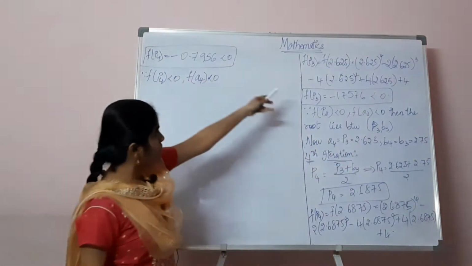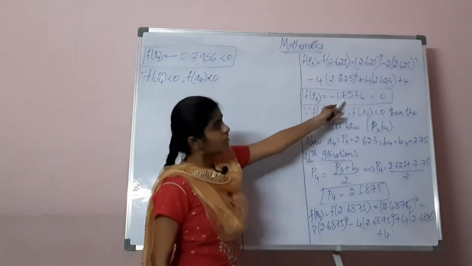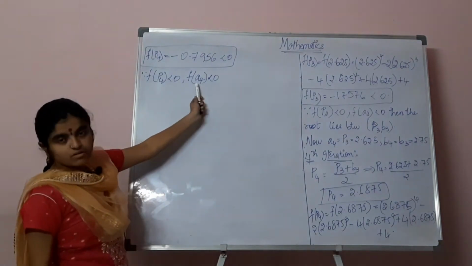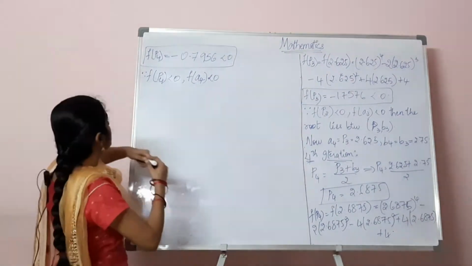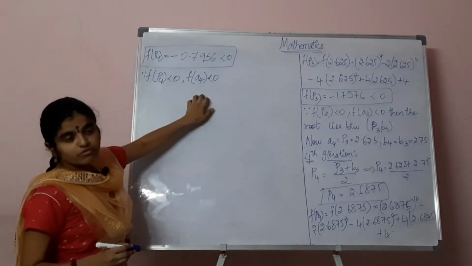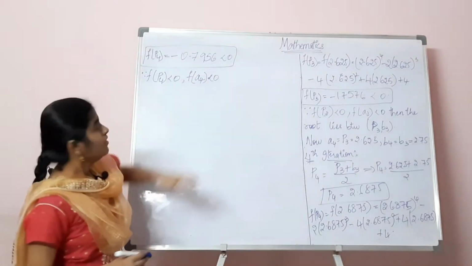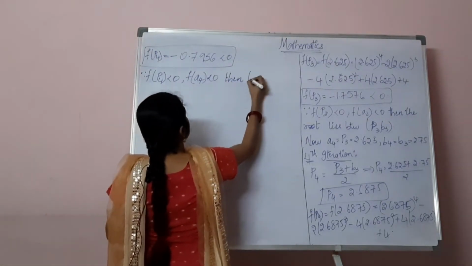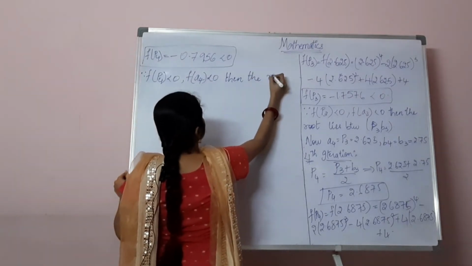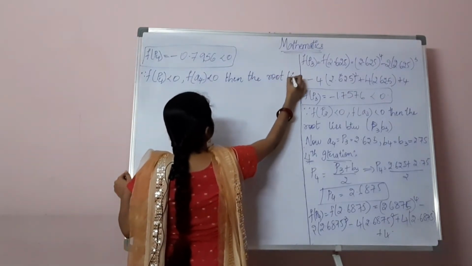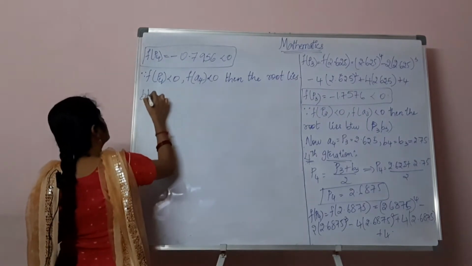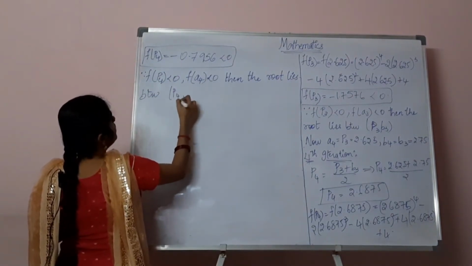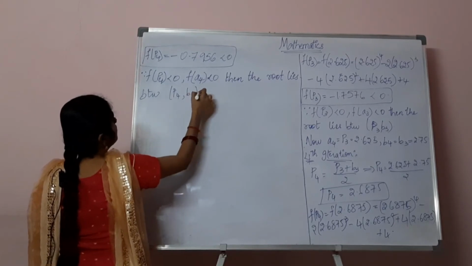We have already substituted this value, and what we got is a negative value. So this is also less than 0. Both values are negative, so the root lies between P4 comma B4.